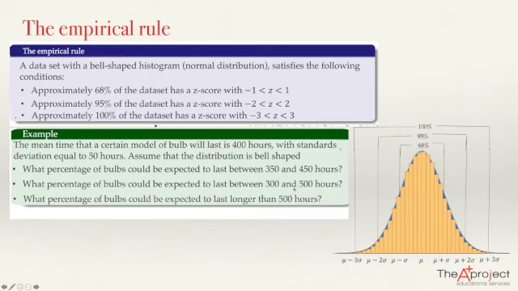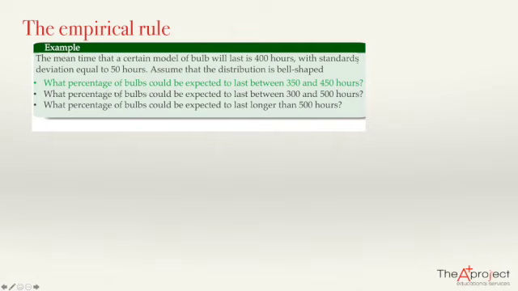Okay, if that is the case, let's solve this problem. Let's answer the first question. What percentage of balls could be expected to last between 350 and 450? Again, as you did with the Tchebyscheff theorem, compute the z-score of these two values and check if these two z-scores are the same. Let's see the z-score for 350. It will be x minus mu, where mu is 400 and the standard deviation is 50. So 350 minus 400 divided by 50, and I get -1.